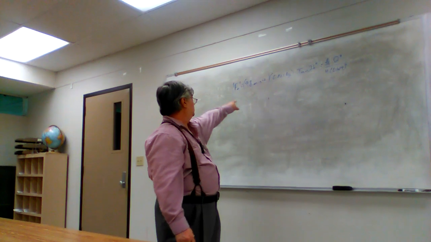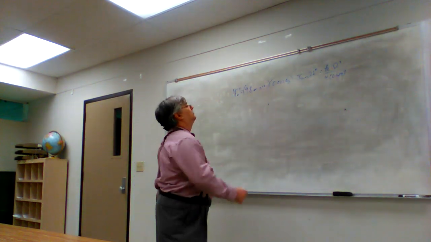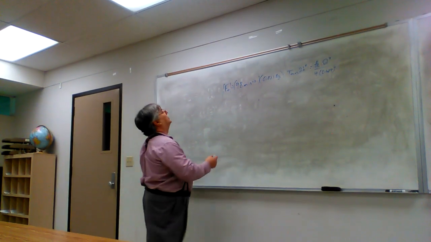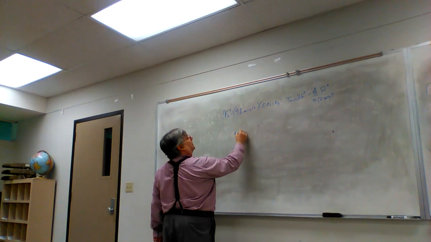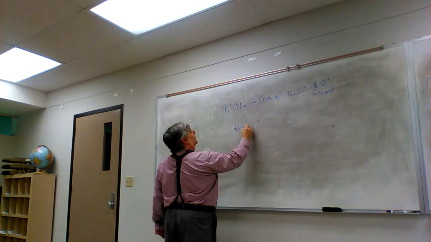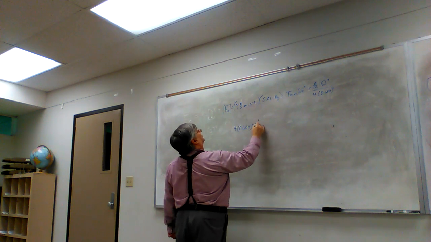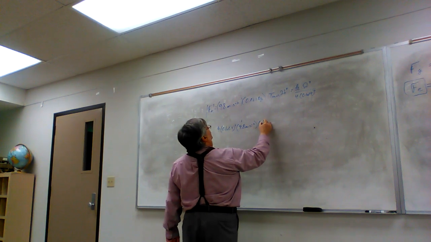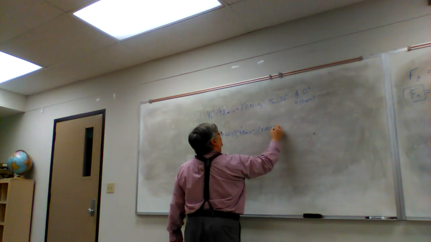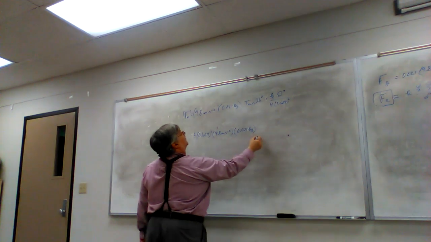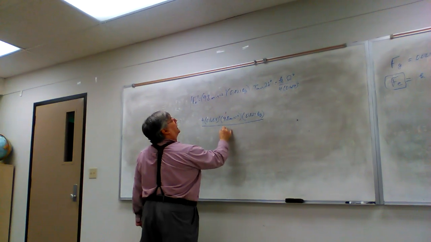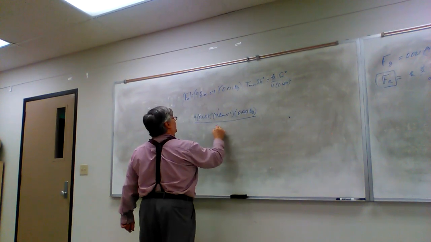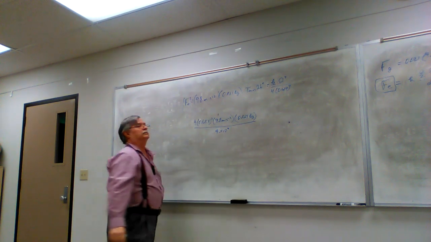And from here, we can solve for Q. Multiply both sides times 4 and times 0.684 squared. We get 4 times 0.684 squared times 9.8 meters per second squared times 0.021 kilograms. Divide all of that by K, which we'll just write now as a number, 9 times 10 to the 9.